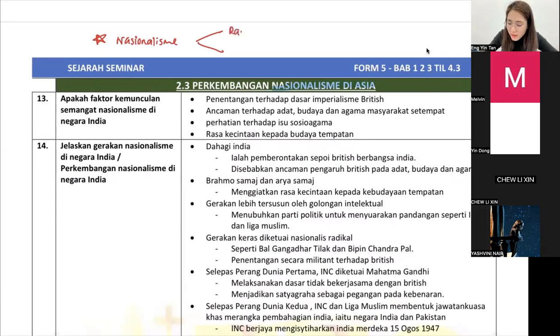Maybe they want to go against the king, or maybe they are under penjajahan colonization and they want to go against the penjajahan. Normally go against the king one, you know the story lah, directly go against the king one ma, right? Sometimes it's not because they go against the king.